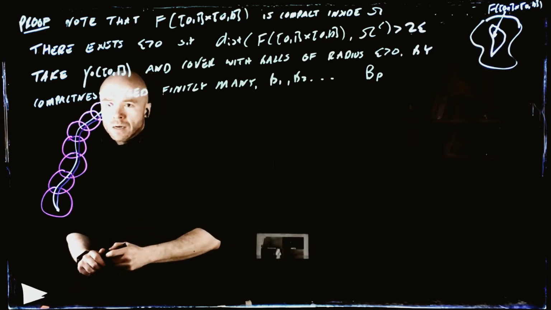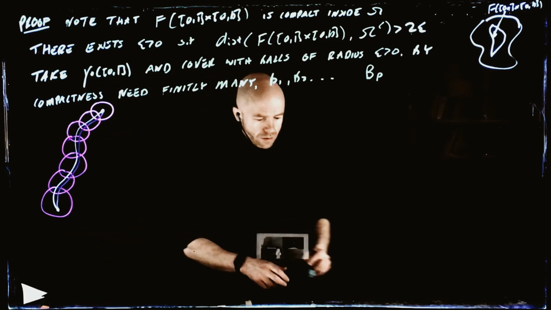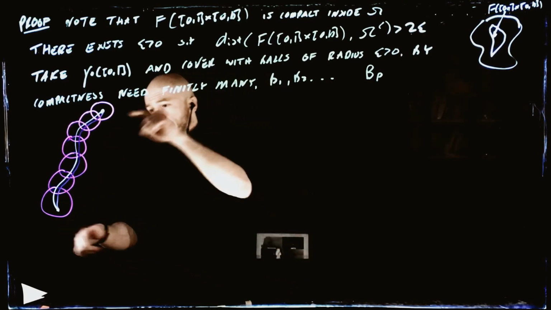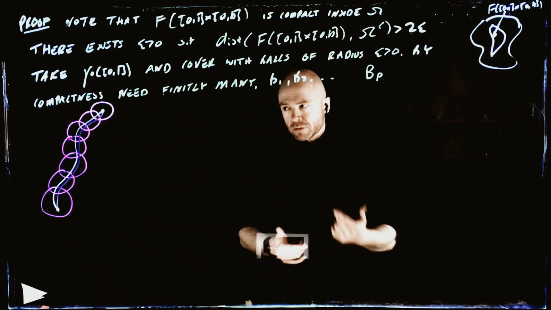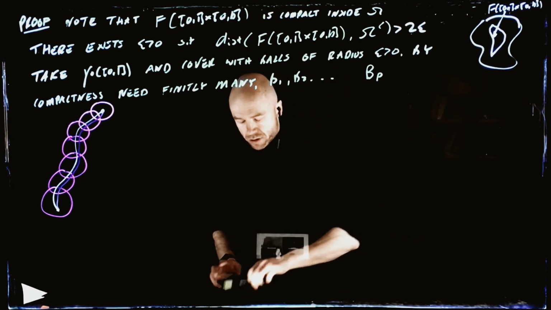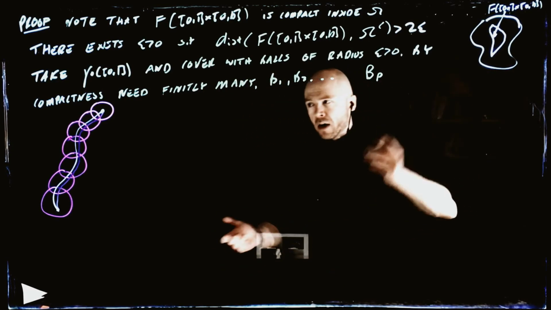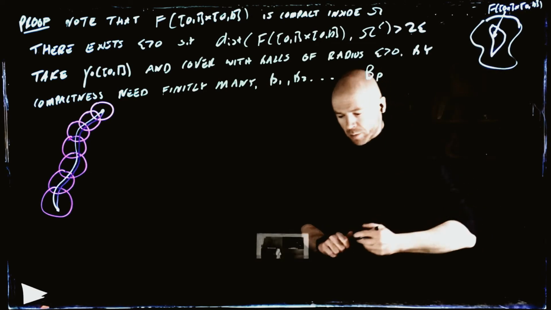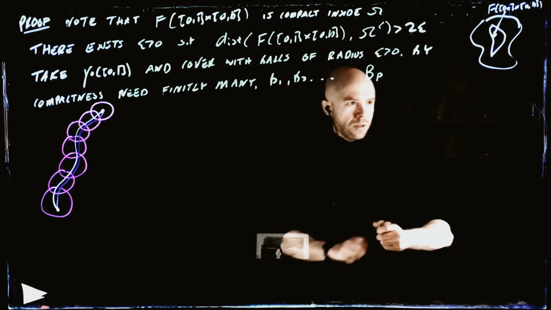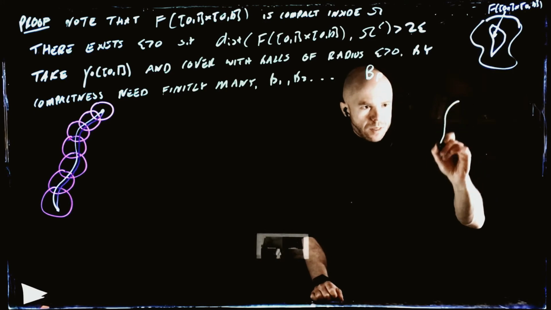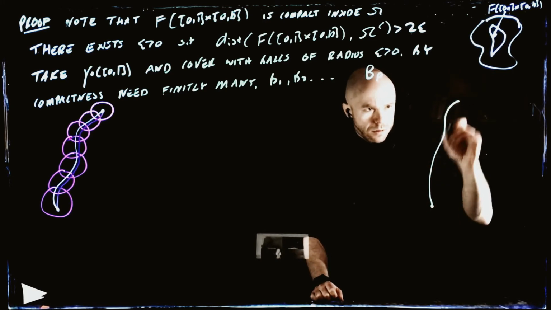Cool. Now, I'm going to draw this again, and then I'm going to draw it just with 3 balls because the argument's the same if we have 3 balls or if we have just 1,000,000 or 10, 100 trillion balls. It's all going to be exactly the same argument. So let's do this picture again over here. So this is our path gamma 0.